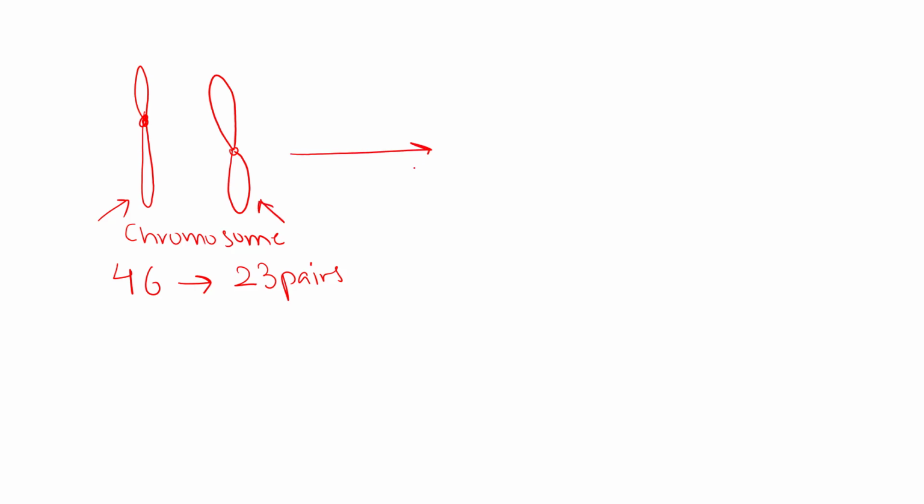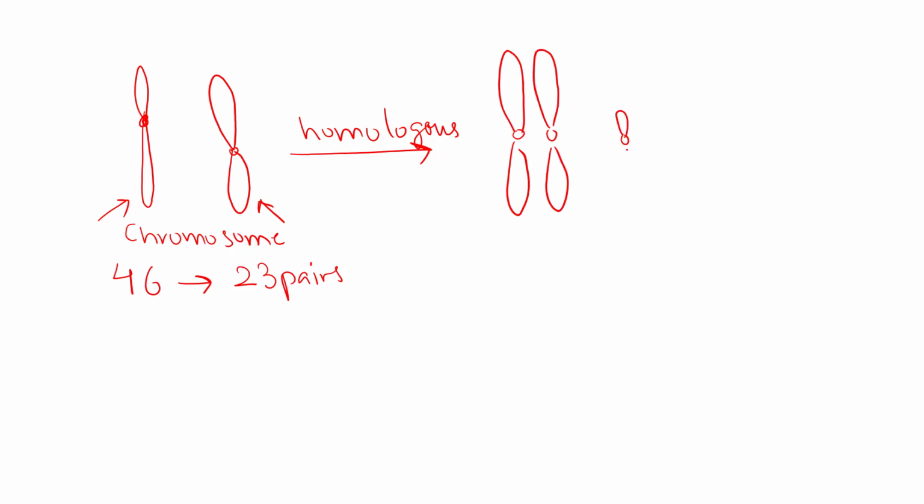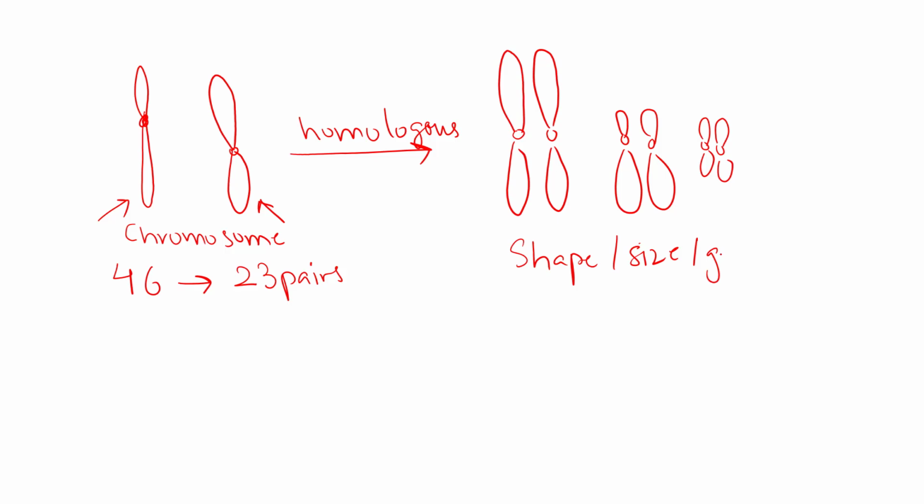They are called homologous chromosomes. Why? Because they not only have the same shape, they can be like this or like this or like this, but a homologous pair would always have the same shape, size, and also similar genes.